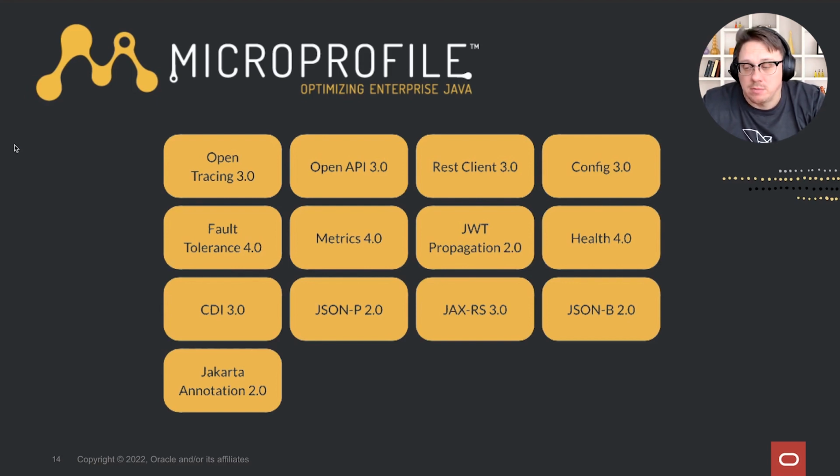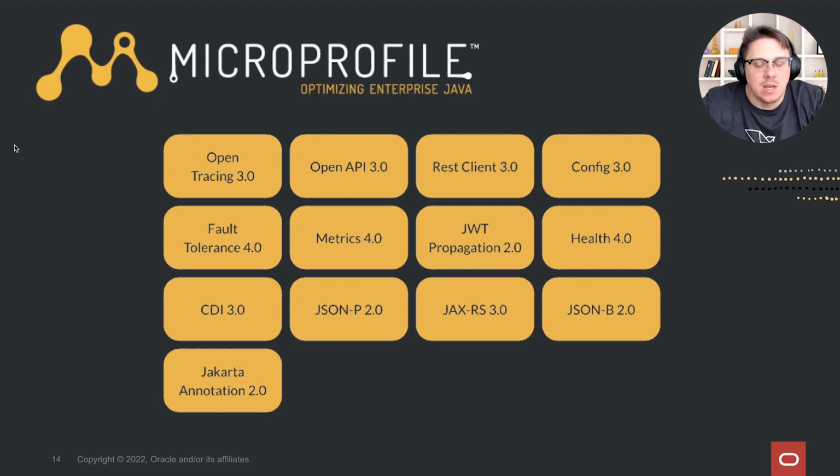These 13 specifications are the backbone for everything. Specification means that it's not the implementation; it's up to the vendors to create implementations for them, but specifications are there to make everything portable, so it's very easy to migrate from one server to another if you stay within the frame of the specifications. And they are all set for microservices.